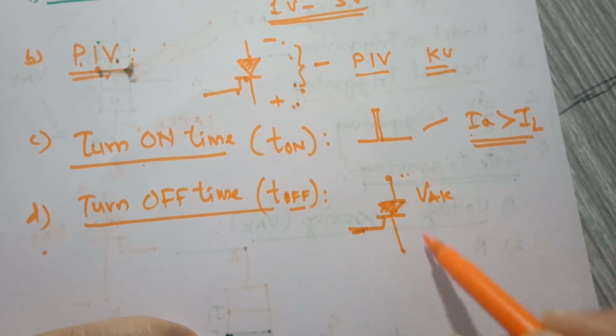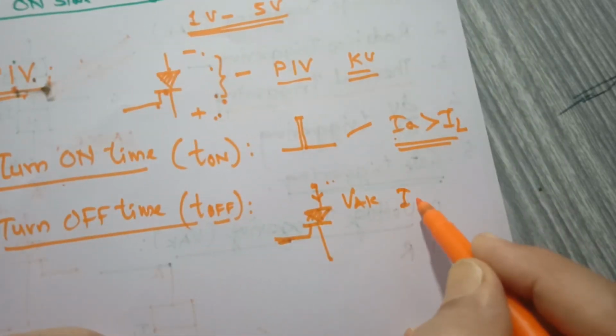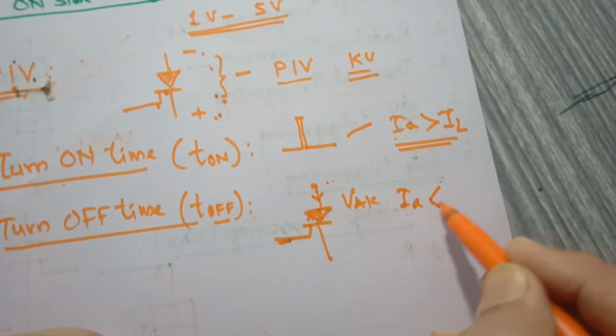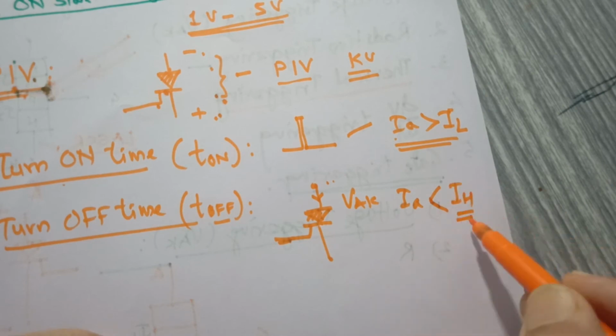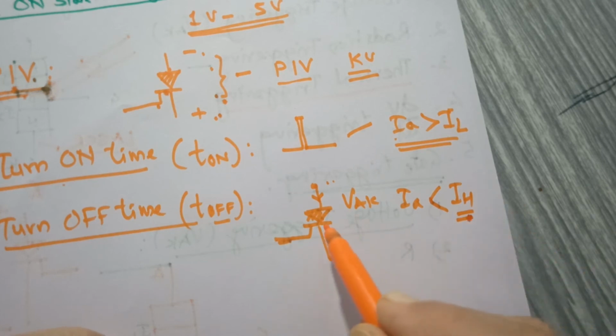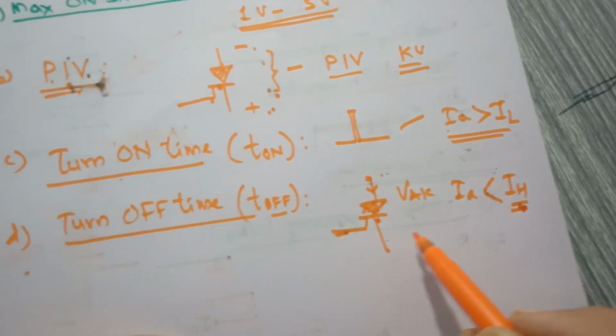So if you reduce this voltage or reduce the anode current, when the anode current drops below the holding current, which is the minimum anode current required to hold the SCR in on state, the SCR turns off.